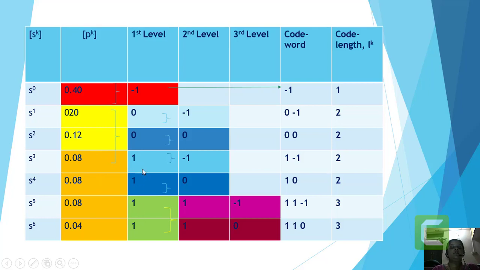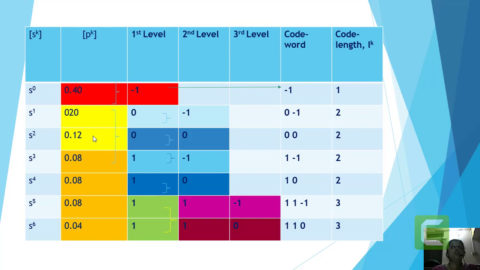After that, we go on subgrouping these symbols into groups of equal probability. Now let's go for the first group. In the first group, only one symbol is present, so it is kept as it is. In the second group, we have only two symbols, but our m value is 3.